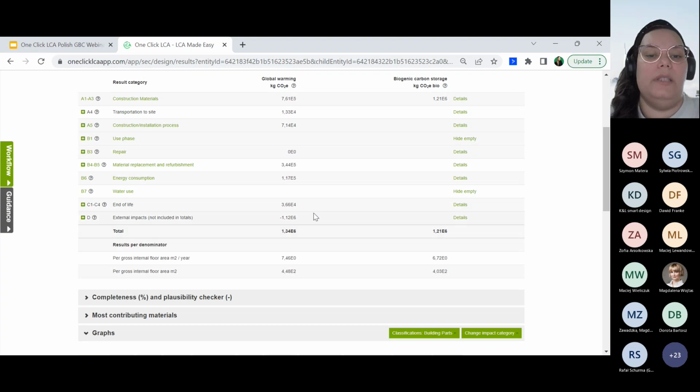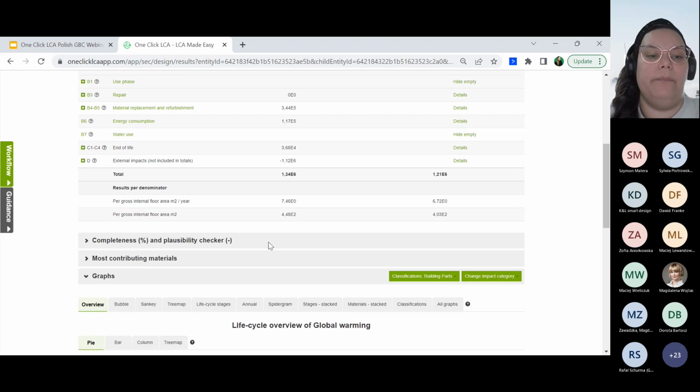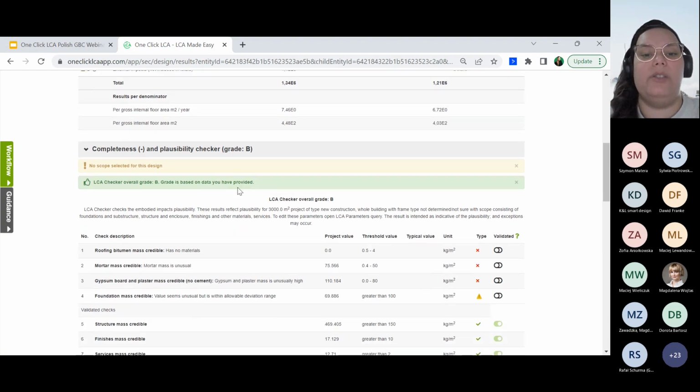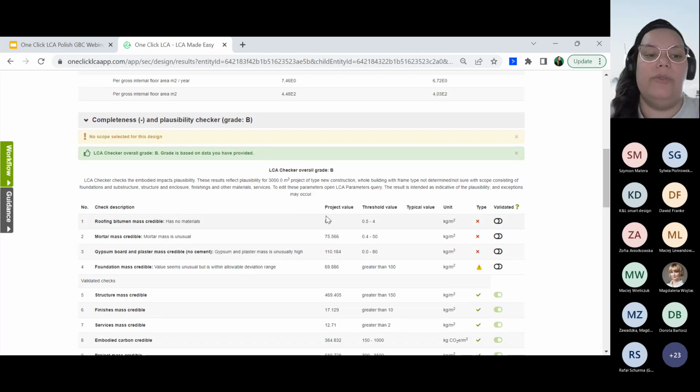And here we see also the D phase with the negative value helping in this calculation. And we have some functionalities also that would help in terms of the project. So here we have, for example, the overall grade B of the project. So a few things we would need to just adapt manually.